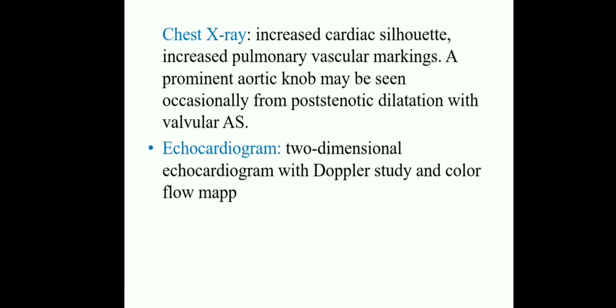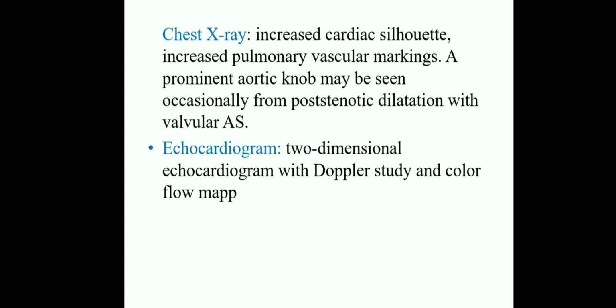Coming to the next diagnostic evaluation, the chest x-ray. It reveals an increased cardiac silhouette, meaning the outline of the heart shows hypertrophy; the borderline of the heart has some deformity, some deviation from the normal.